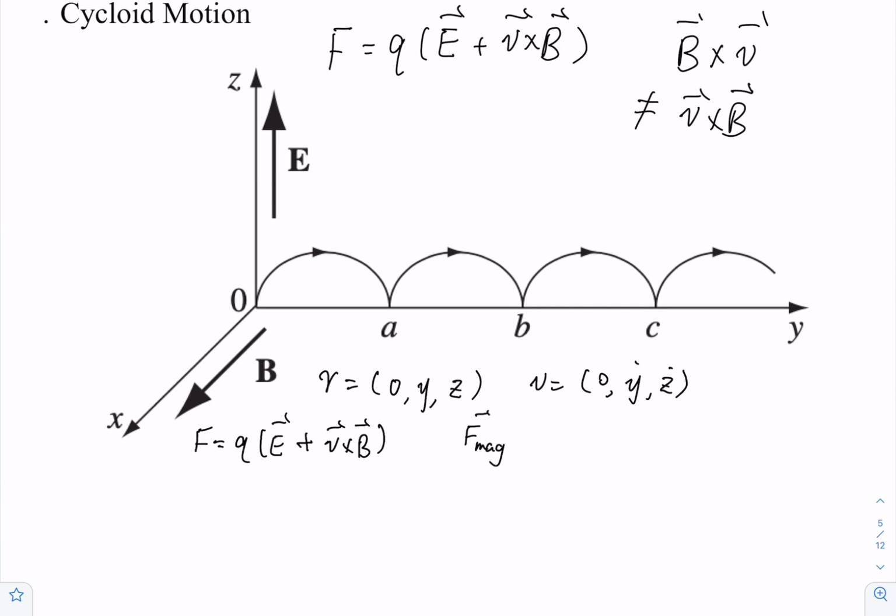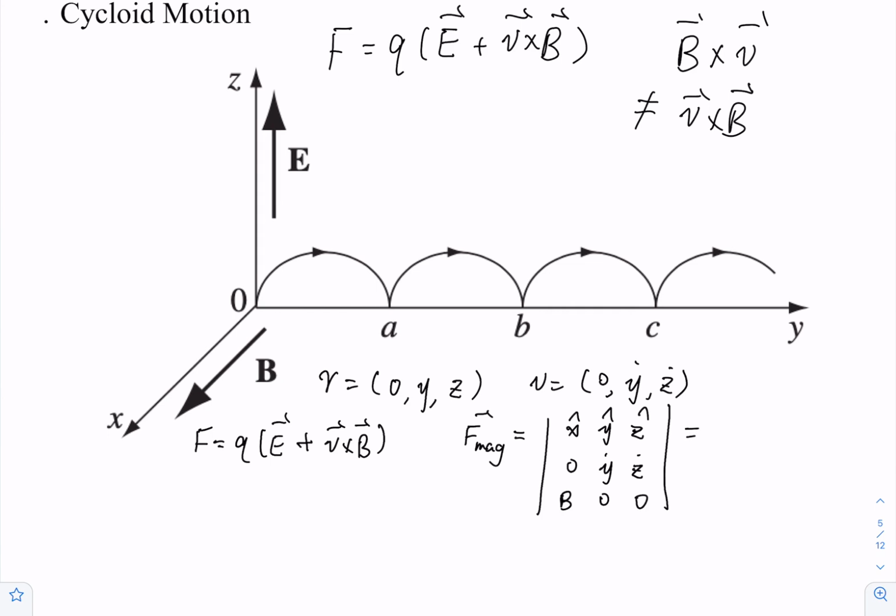So the F magnetic is using the, let me see, it's the x, y, z, so it's 0 for the v in the x direction, and then the b is along the x direction.